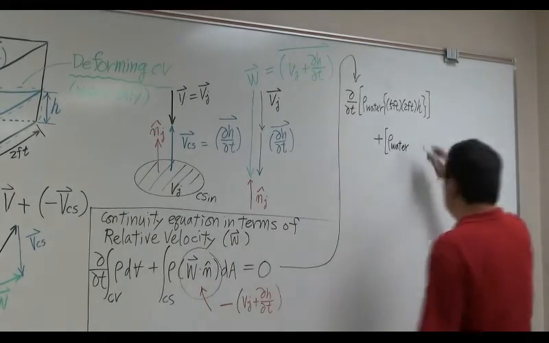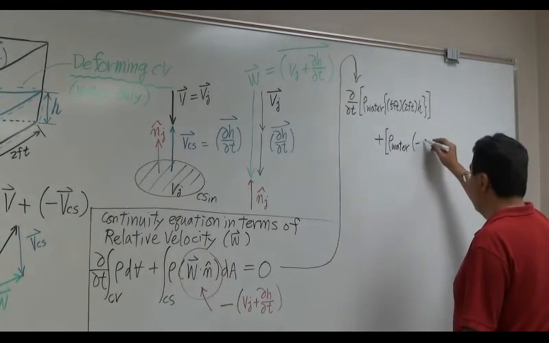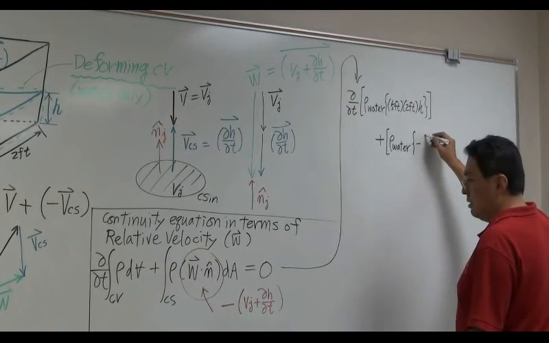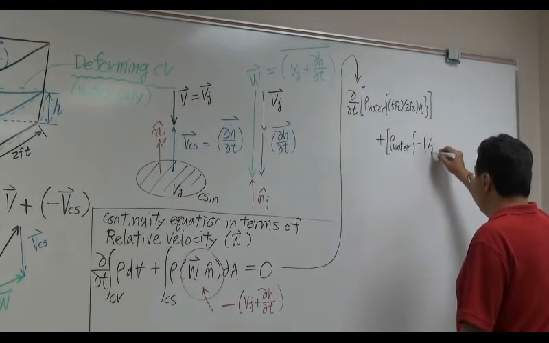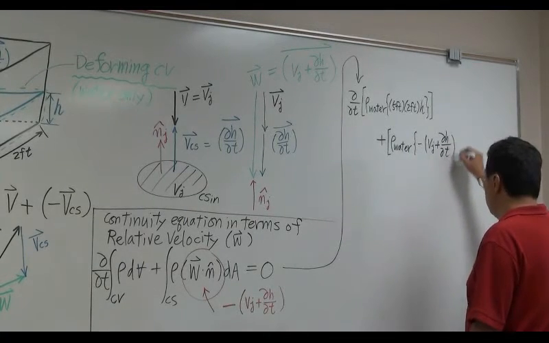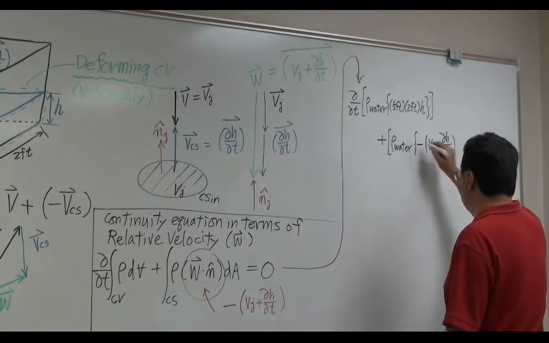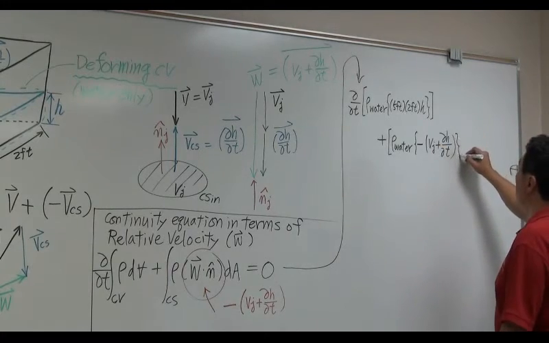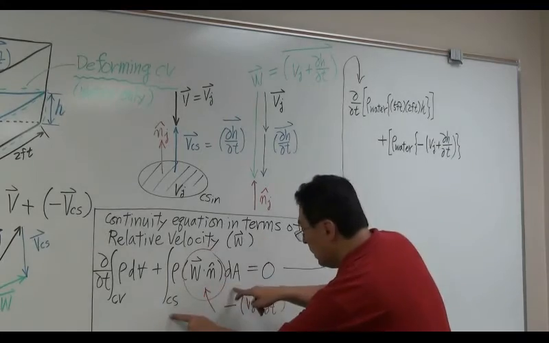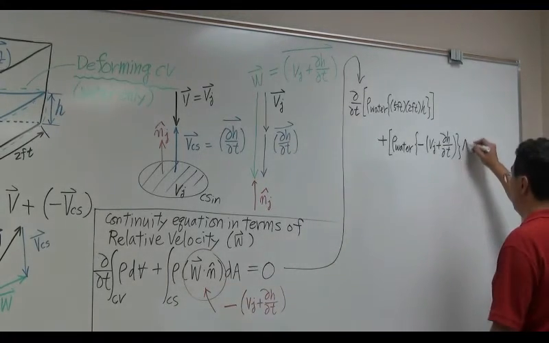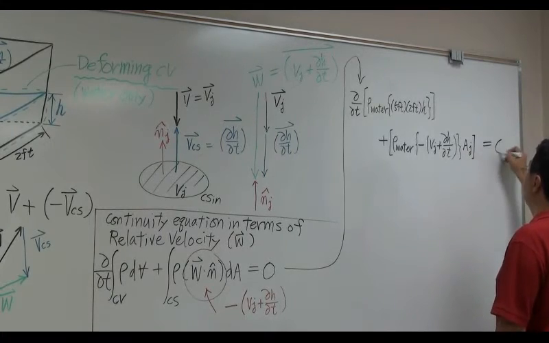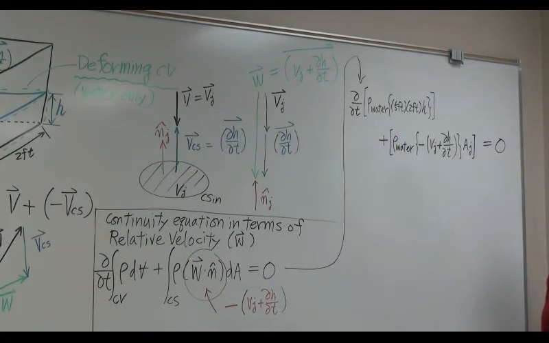Dot product gets you minus Bj plus dh dt. That's the dot product. Integral over the area gets you Aj. Adding those two together equal to 0.